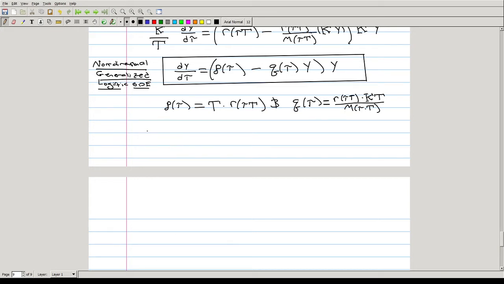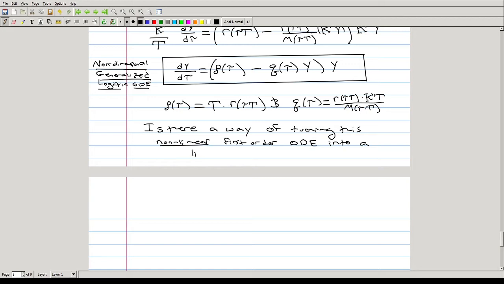So what we're going to do is, is there a way of turning this nonlinear first order ODE into a linear first order ODE?